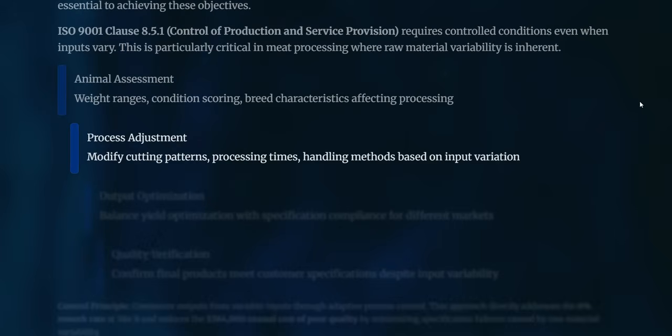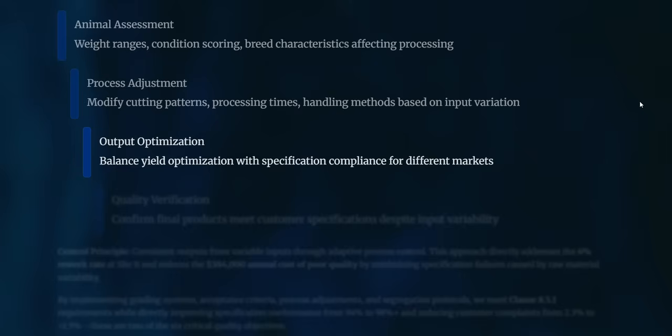Then, after the animal assessment, we move to process adjustment, and we must modify cutting patterns, process time, and handling methods based on the input variation from animal assessment. Once we have done the process adjustment, now the output optimization: we have to balance yield optimization with specifications compliance for different markets.